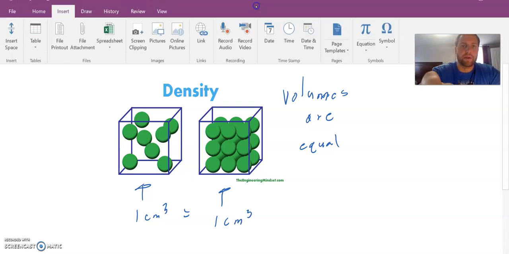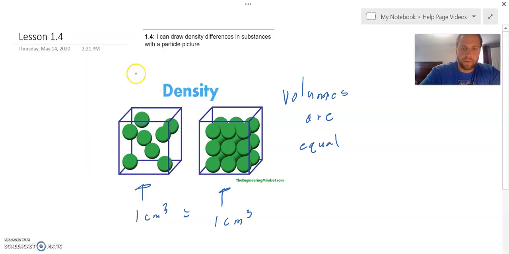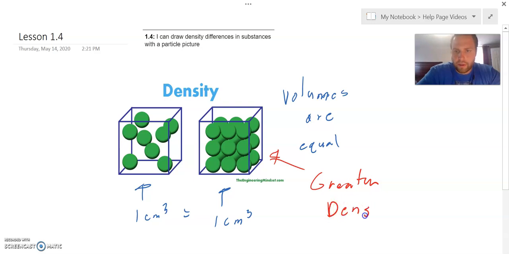So let's go ahead and write that in for ourselves also. So this one has the greater density. This one has the lesser density.